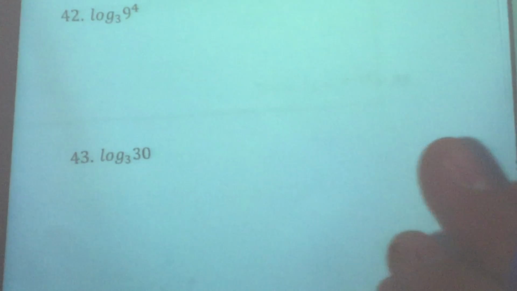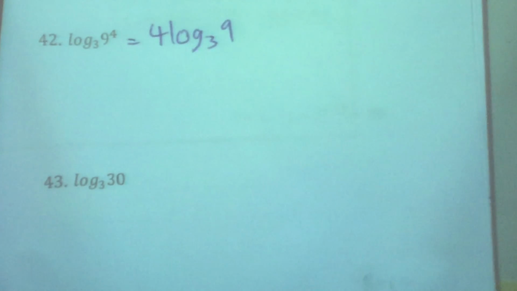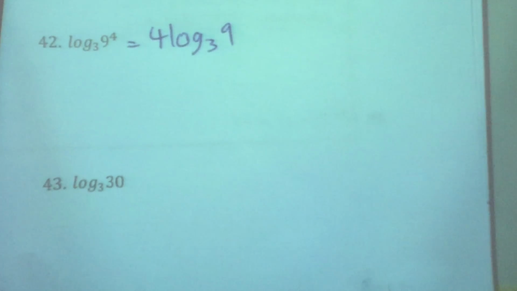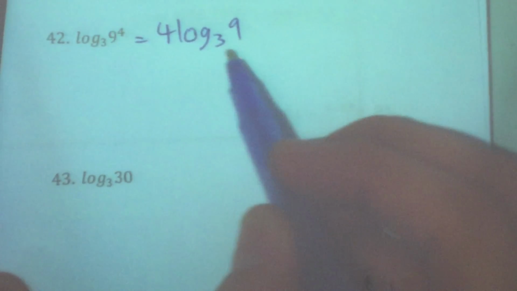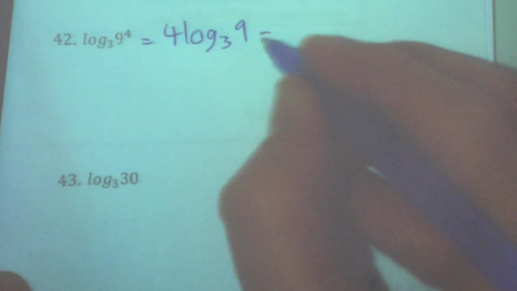Let's move down to 42. Log base 3 of 9 to the 4th power. Once again, what I'm going to do first is take that power and bring it down and make it a coefficient. So it's 4 log base 3 of 9. Next thing, just like number 40, you should notice that 9 is a power of 3. You're looking for that power because the base of the log is 3. That's 3 squared.